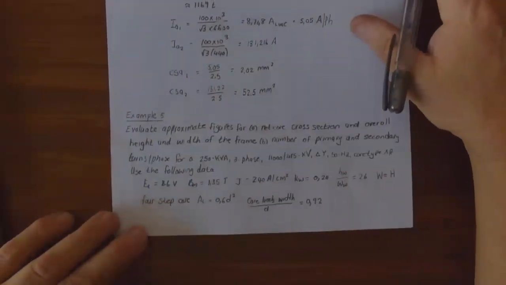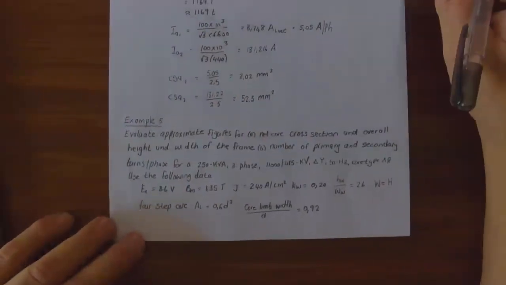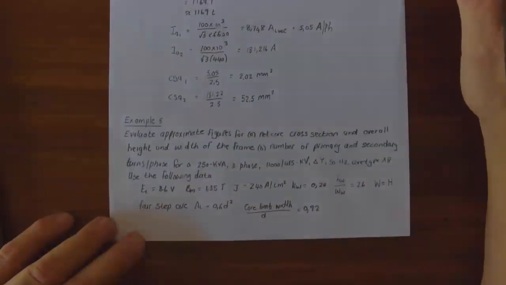Example 5, we have to evaluate the approximate figures for the net core cross-section, overall height and width of the frame, and the number of primary and secondary turns for a 250 kVA, 3-phase, 11,415 kilovolt delta star 50 Hz transformer, core type, by using the following data.